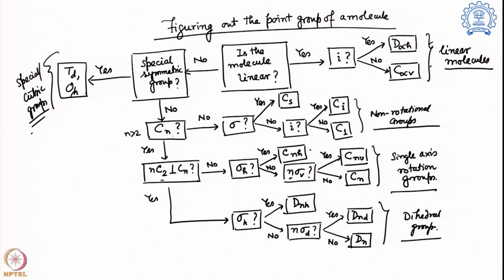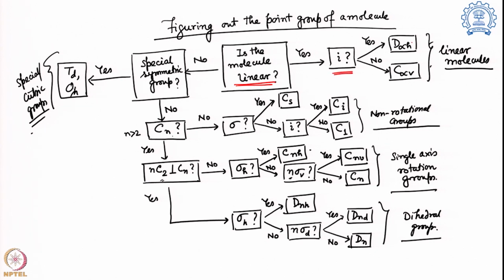For example, whether a molecule is linear or not, we can easily find out just by looking at the structure. So, that is the first question we ask: whether the molecule is linear or not. Then we ask whether it is centrosymmetric or not.